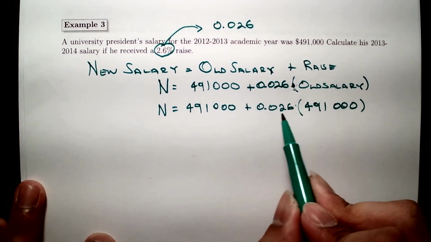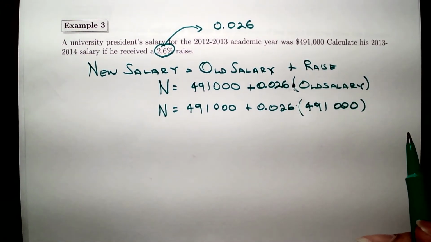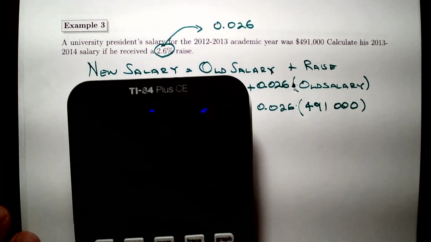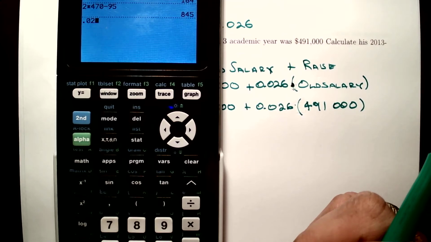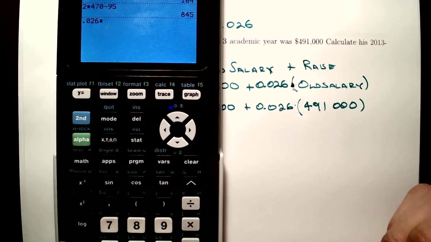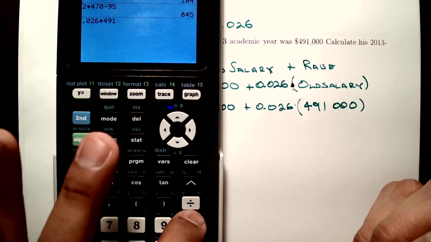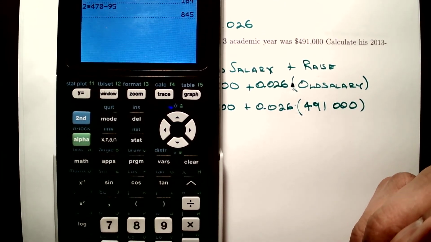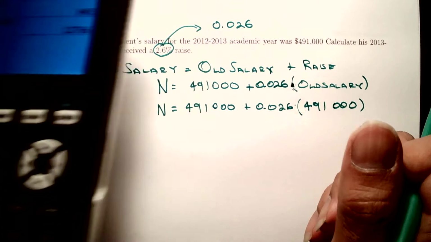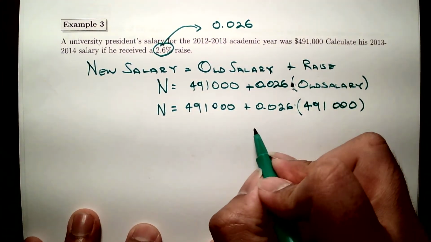So first we multiply these two numbers. What do we get when we do that? 0.026 times 491,000, and that's 12,766.